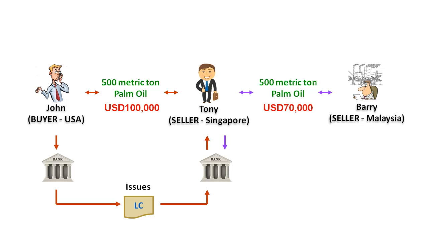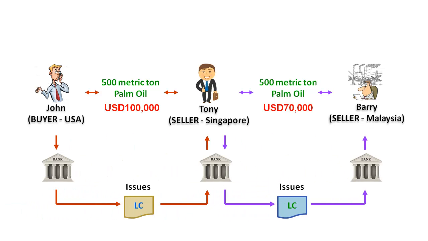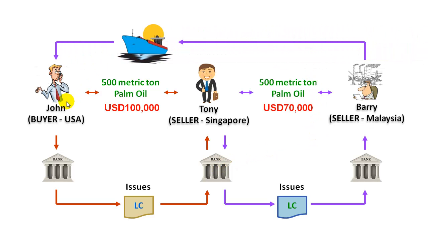The bank agrees to arrange to issue a payment instruction to Barry based on the strength of the LC Tony just received from John. So the bank issues a payment instruction to Barry in the form of an LC and advised through a bank in Malaysia and delivered to Barry. So when Barry is in receipt of the LC issued by Tony's bank, now he can ship the goods directly to John in the USA.